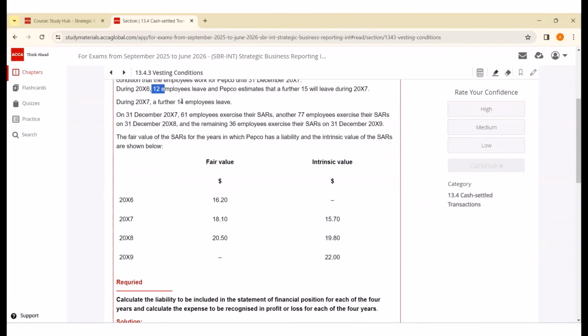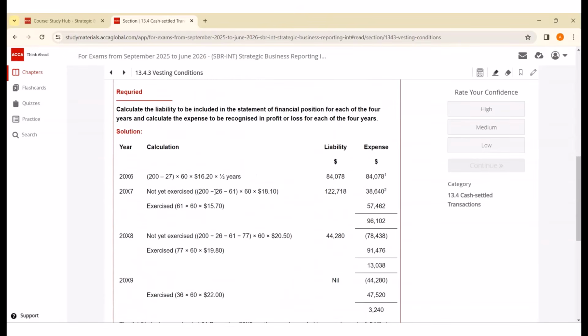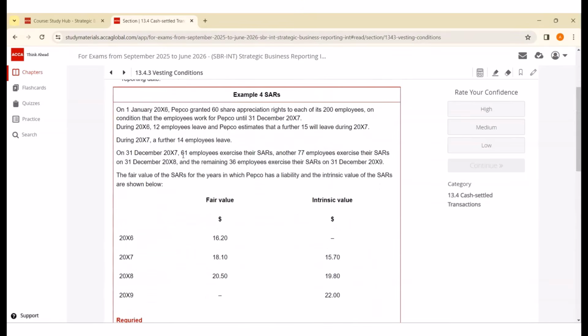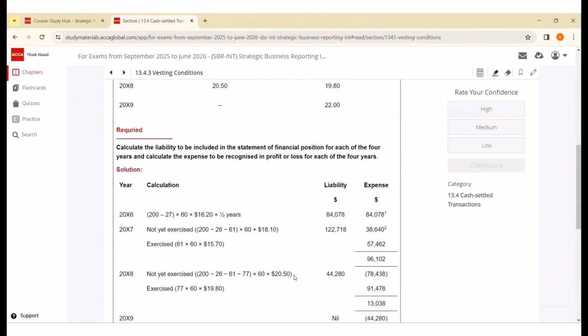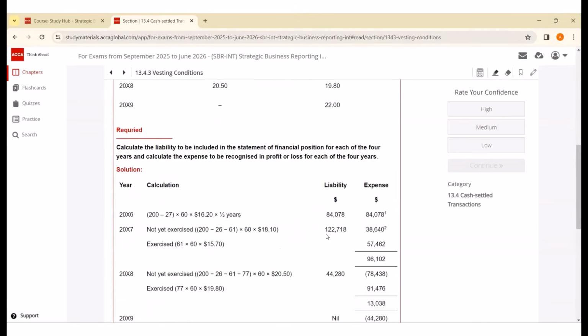So 12 had already left and 14 further left. Therefore, 26 employees have left in total. Out of this, 61 have exercised their options at the reporting date. Now, if we talk about the fair value of the SAR that is available in the question, we pick that up and we calculate the overall liability.